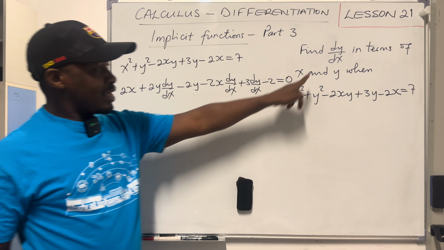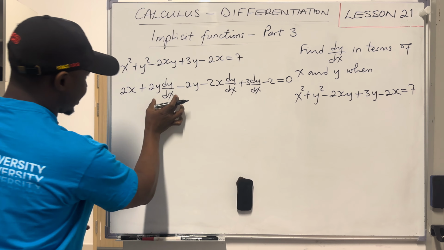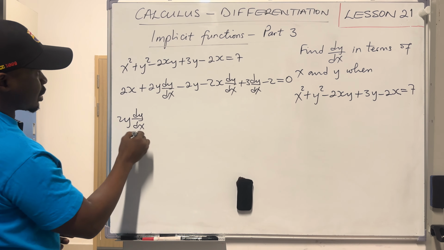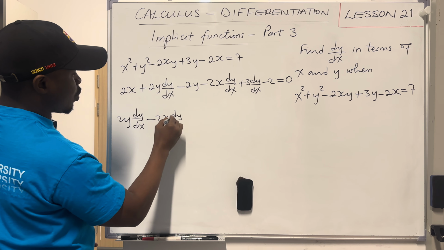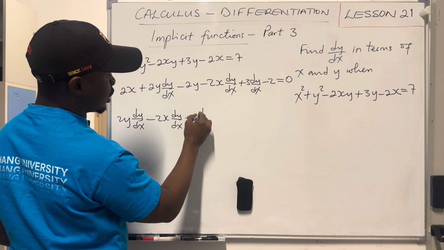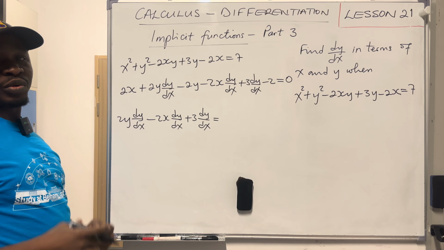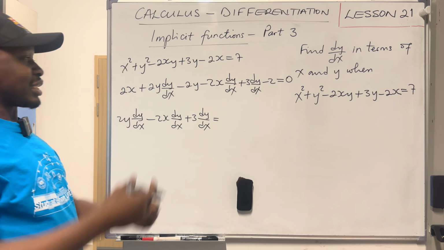We want to find dy dx, so let us collect all the terms containing dy dx. This is 2y dy dx. Here is another, minus 2x dy dx. Here is a third one, plus 3 dy dx. We are done with the terms with dy dx. Those without dy dx go to the other side.